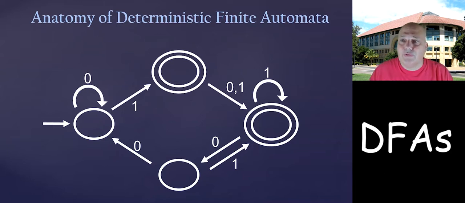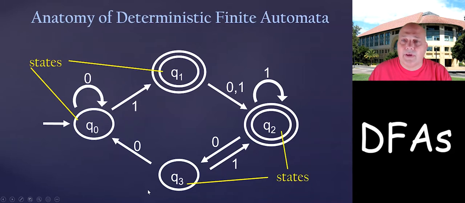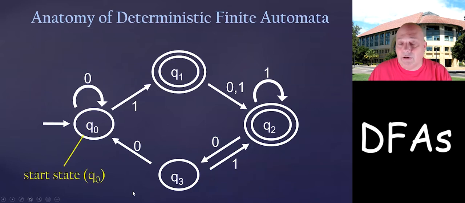So what do these graphs represent? We have nodes that represent the different states the machine can be in. And these states come in two flavors. Well, more than two. We have the start state, which is a special state from which we start the computation.